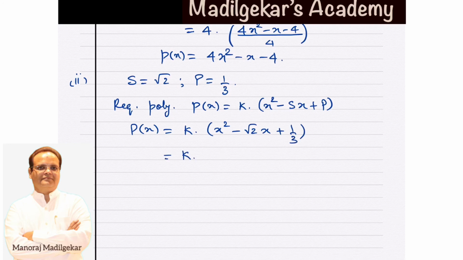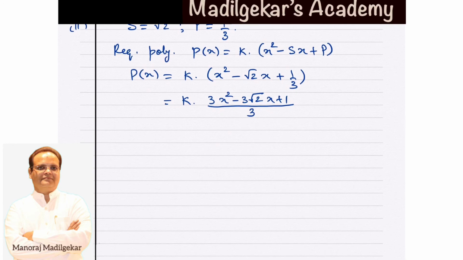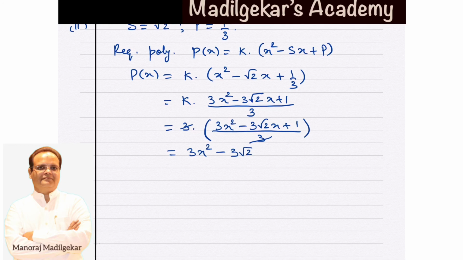Take LCM 3. So this gives 3x square minus 3 root 2 x plus 1. Choose a suitable value of k. So here we'll choose k as 3. So that 3 gets cancelled and we get the polynomial 3x square minus 3 root 2 x plus 1.